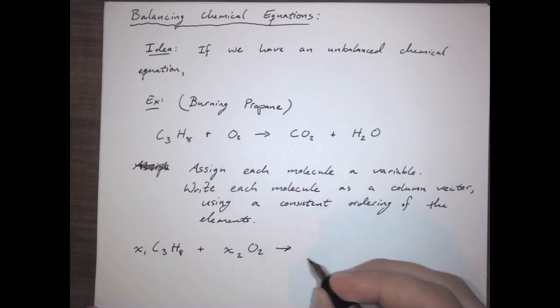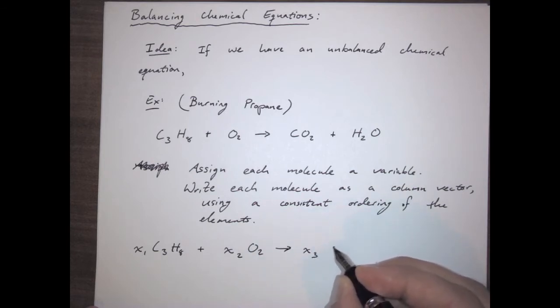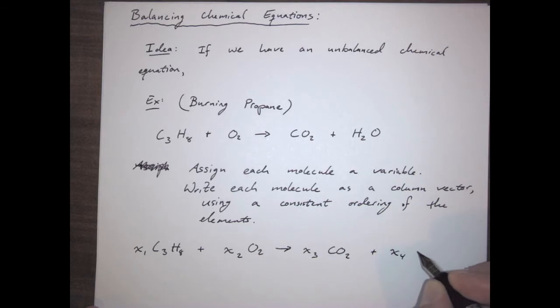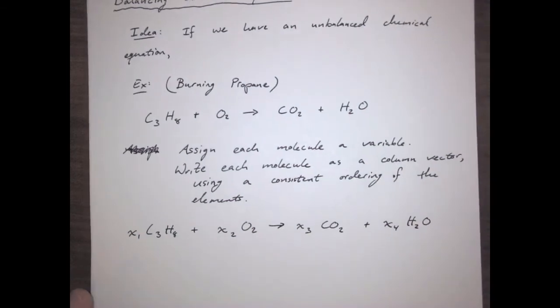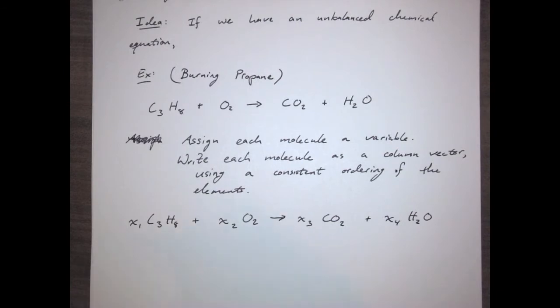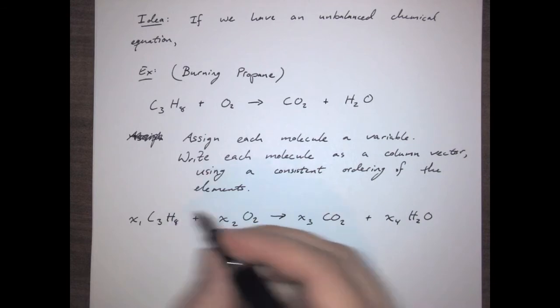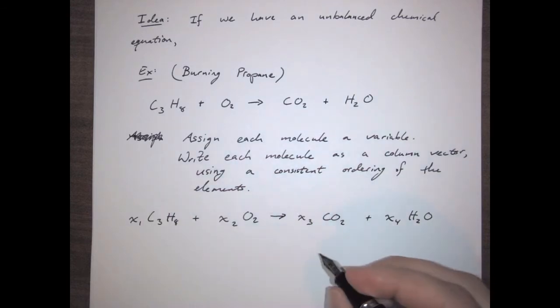Those together are going to make X3 CO2, and then plus X4 H2O. Now the three different elements that are in play here are carbon, hydrogen, and oxygen, and you can put this in any particular order, just stay consistent after that. Let's just say we'll go in the order that they are written here.